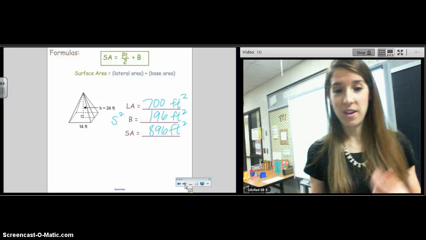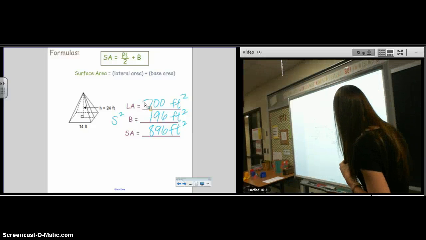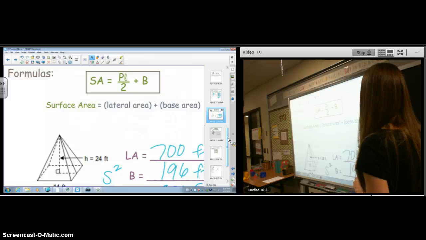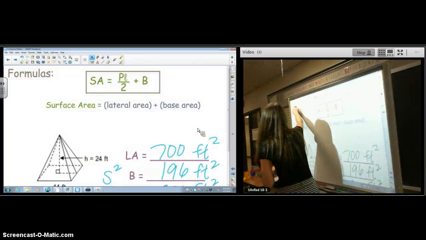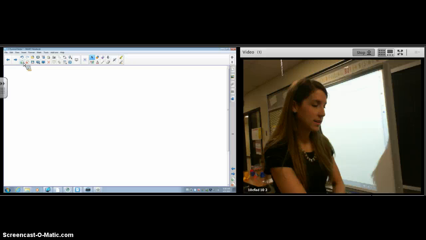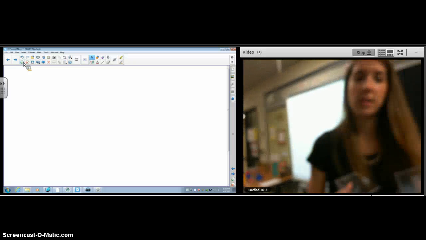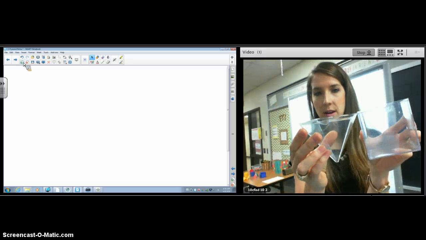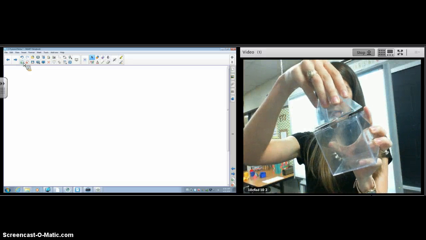Next is volume. And I know you already have your formula chart in front of you. So I could just reveal the volume formula to you right now. But I think this is a cool one to see how it works. Here's a prism, and here's a pyramid. And they have the same base.